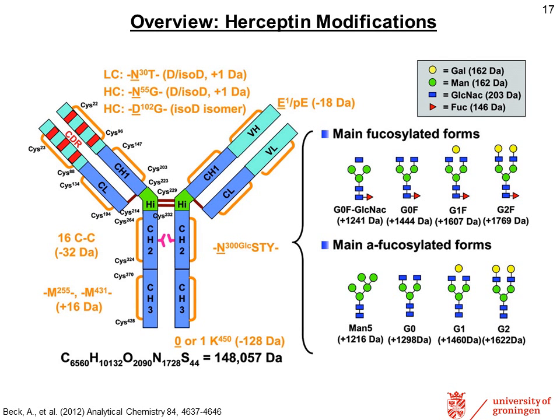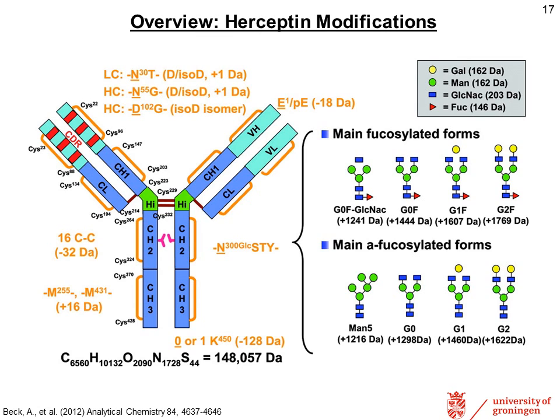Considering that Herceptin and other monoclonal antibodies have many more sites that may potentially be modified, a review by Beck et al. showed what is all possible and what has been observed in Herceptin, where we looked at the deamidations in position 30, 55 and 102, or the isomerization here. There are other possibilities, for example the transformation of glutamic acid to pyroglutamic acid.